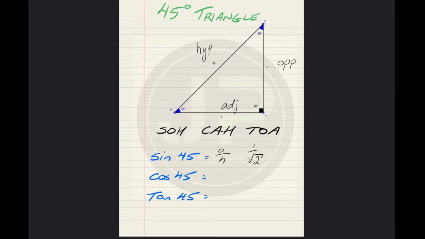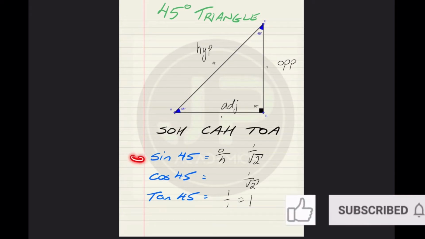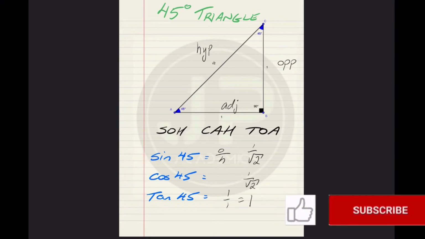Now I'm going to do the exact same for cos. Cos 45, so we need to get the adjacent over hypotenuse. Adjacent over hypotenuse is 1 over root 2. And tan 45 degrees, the final one, is going to be opposite over adjacent, which is 1 over 1, which is just the same as 1. So they are our values for sine 45, cos 45, and tan 45.